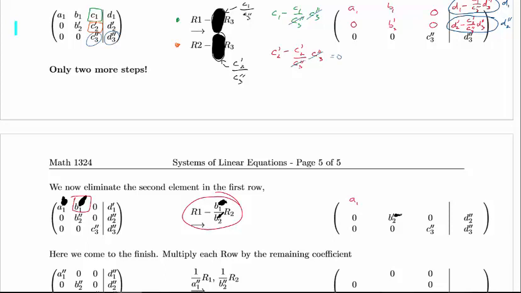And then the next one, we've got B1 minus B2 prime times B1 over B2 prime. Those cancel. You're left with B1 minus B1, so you're left with 0, which is what we want.